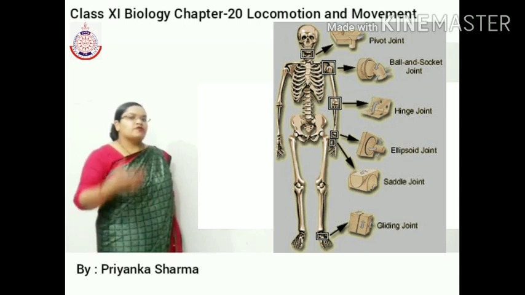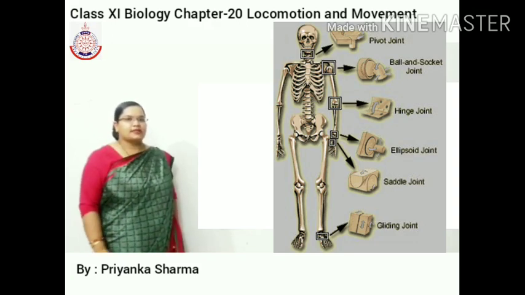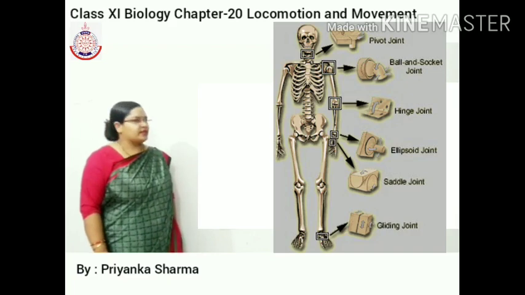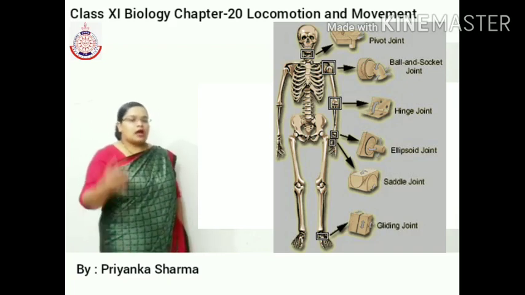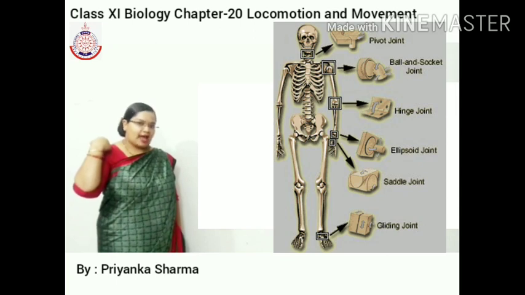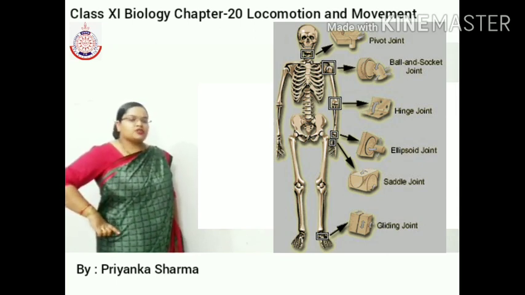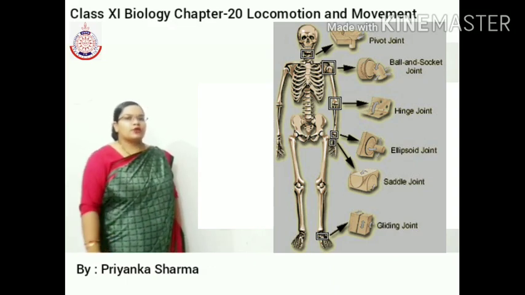Let's start. First of all, in your neck, which joint is present? Pivot joint between atlas and axis, which helps in the sliding movement of the neck. Now, after the neck, in your shoulder, which joint is present? Yes, the ball and socket joint between the humerus and pectoral girdle, and the ball and socket joint is also present between the femur and pelvic girdle.